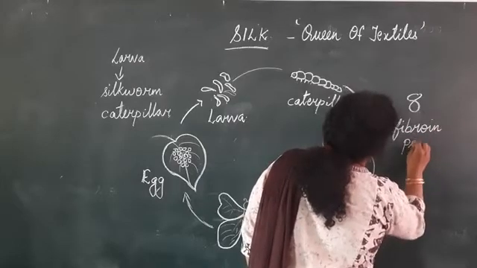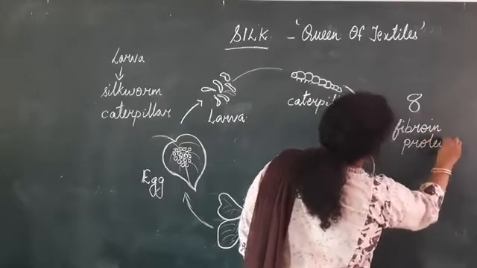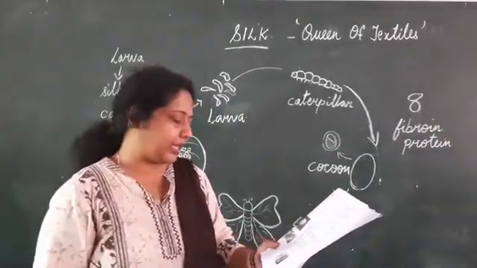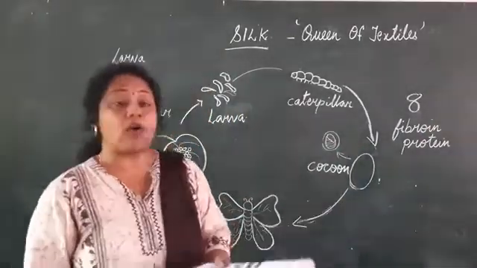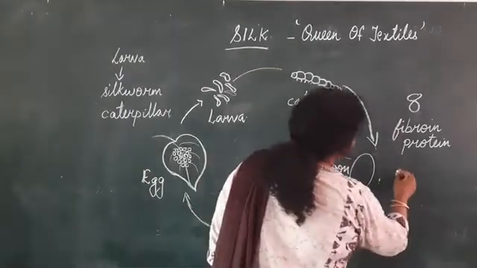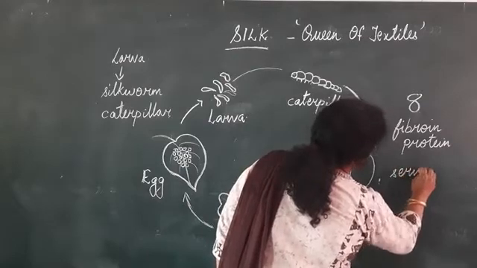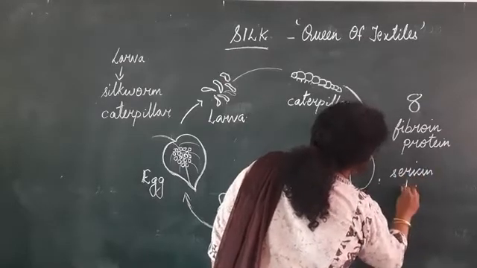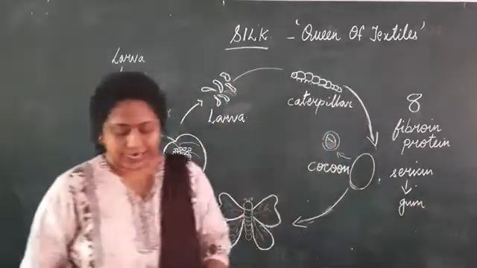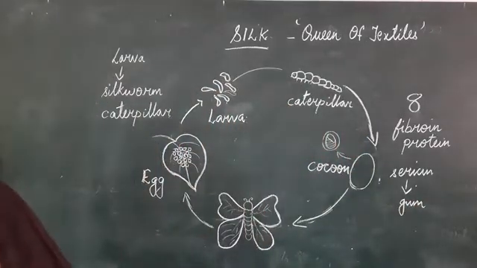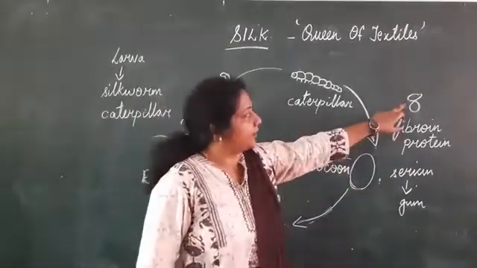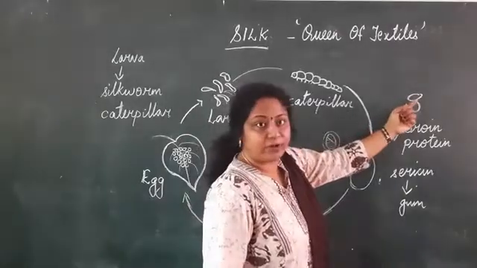So it secretes the fibroin protein from the head, and also a gum called sericin. What is this sericin? Sericin is a kind of gum which cements the two filaments together.